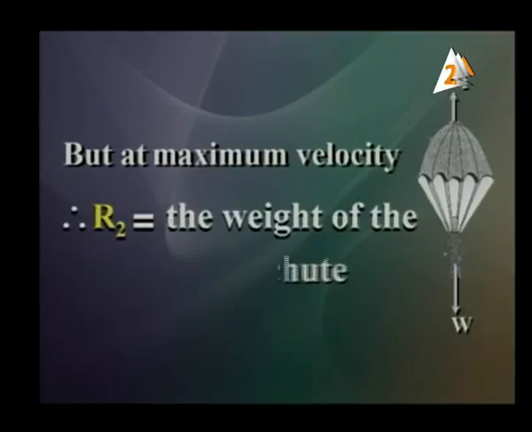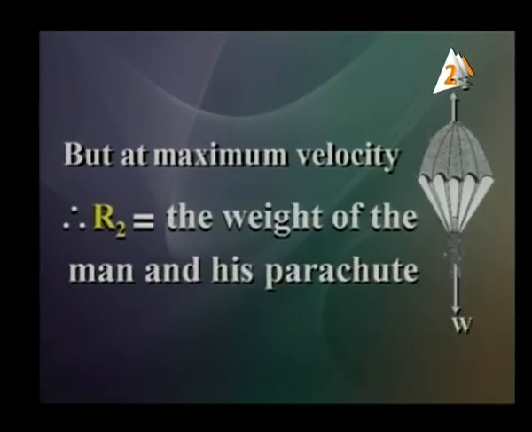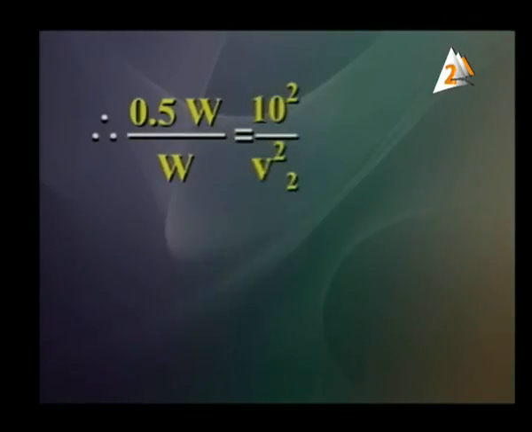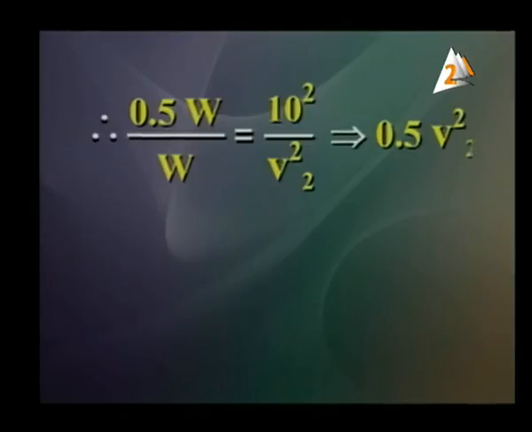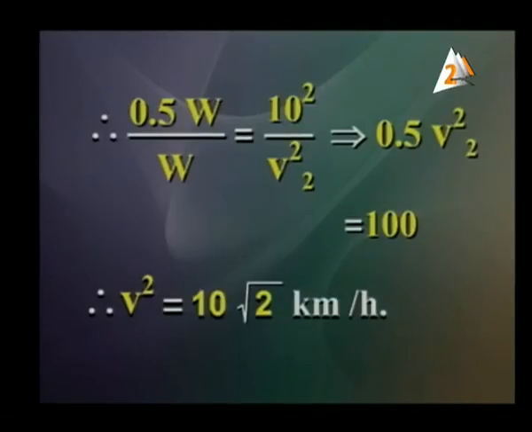Then R2 equals the weight of the man and his parachute, equals W. Then half W over W equals 10 squared over V2 squared. Therefore, half V2 squared equals 100. Therefore V2 equals 10 root 2 kilometers per hour.